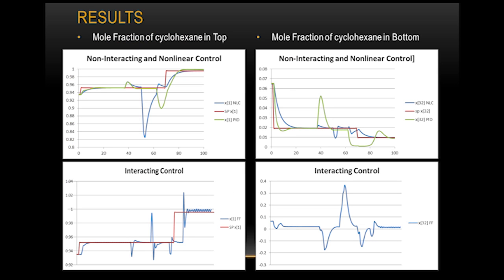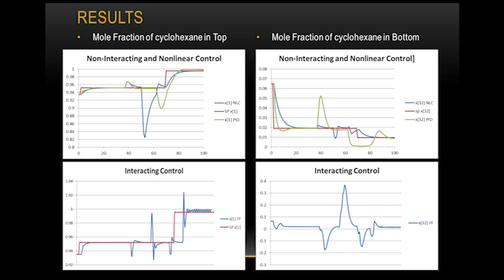Okay. So next we've got our results, and the graphs on the left-hand side are for the fraction in the distillate composition, and the ones on the right are for the bottoms. I want to point out first that you can see how our interacting control isn't graphed with the non-interacting and non-linear, because we had some issues with getting the data from Simulink to be on the same time scale.